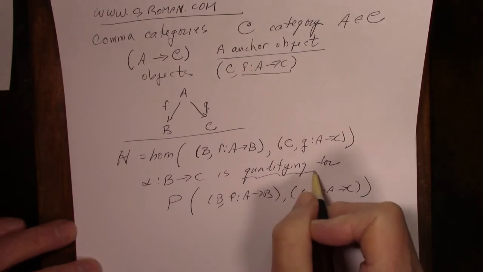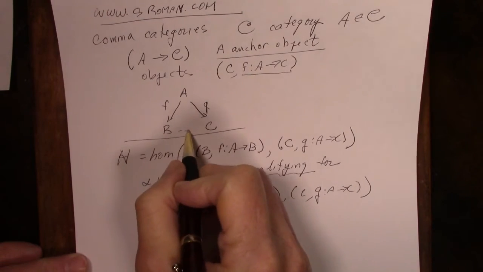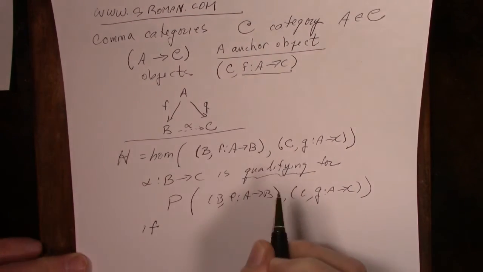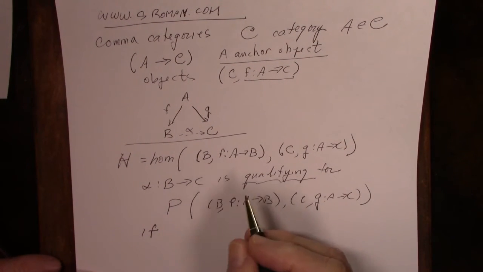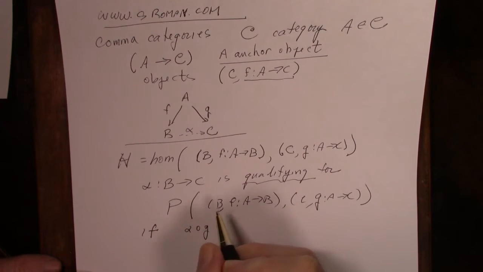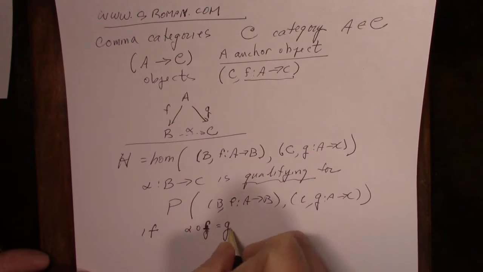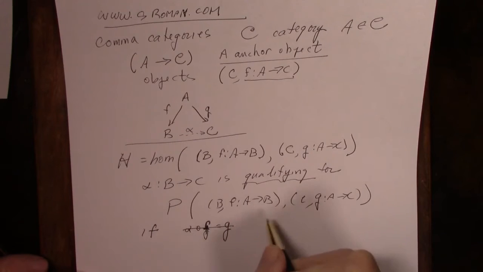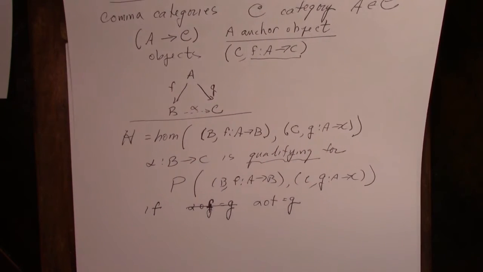So I'm defining the term qualifying if, when I put this morphism alpha in the picture here, the triangle commutes. So first F, then alpha, would be G. Okay, I'll write that again. Alpha circle F equals G.